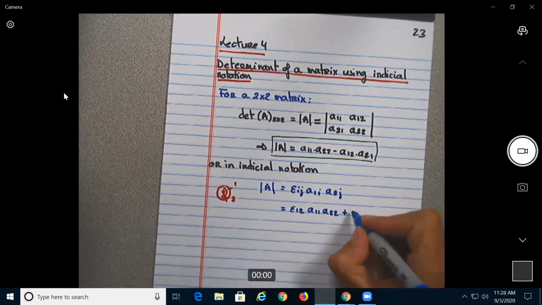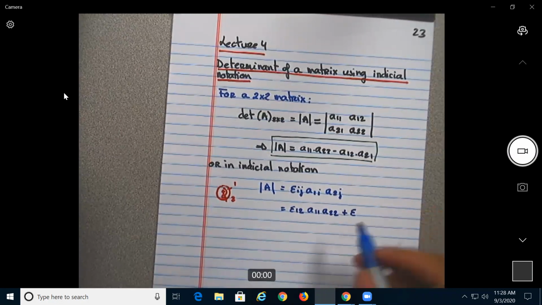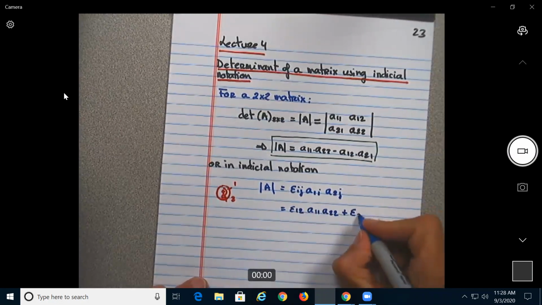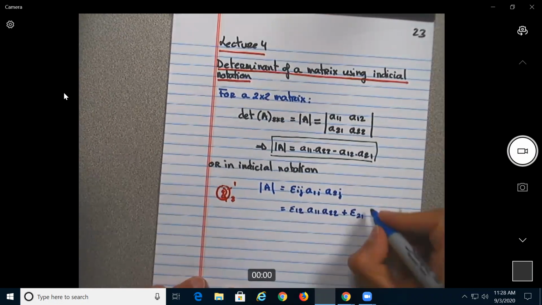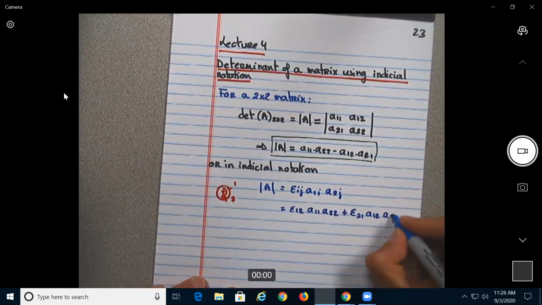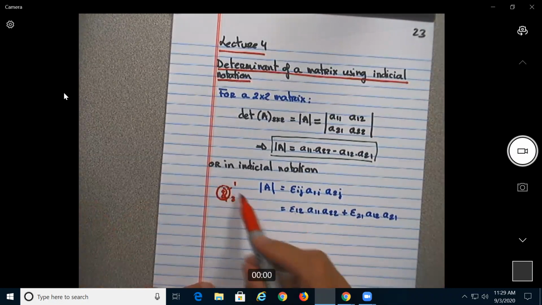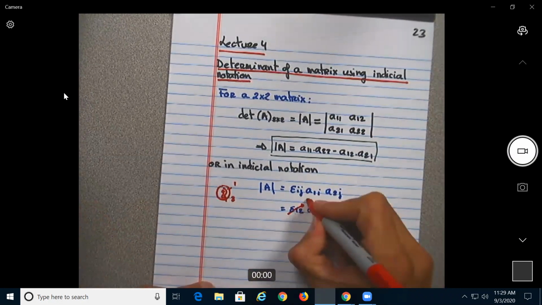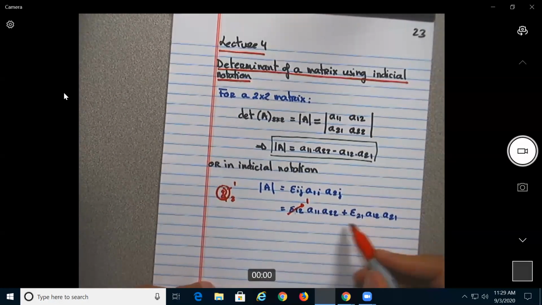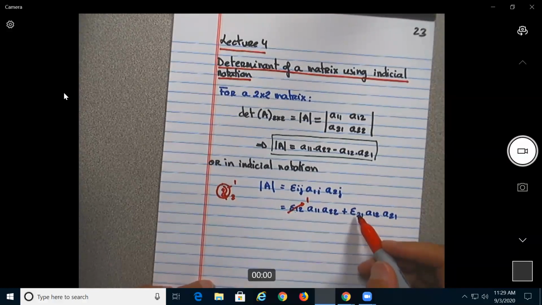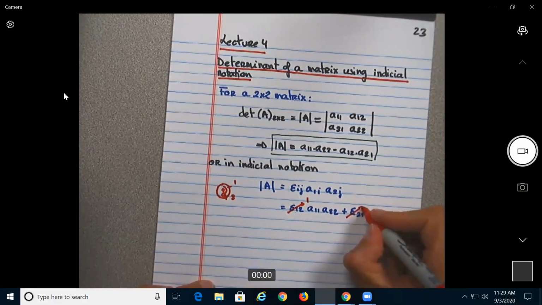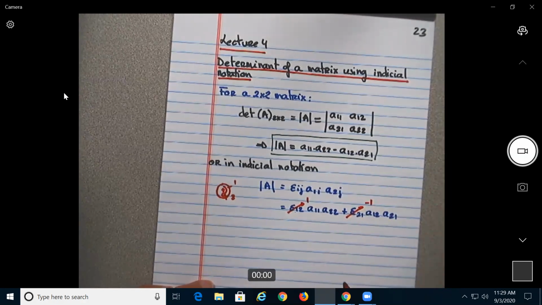Plus, now you switch the order, epsilon 2, 1, this will give you A 1, 2, A 2, 1. And if we follow the same logic that we did before, 1, 2, because you go clockwise, this should be positive. And because here the order is reversed, for this Levi-Civita operator, this one will be negative.